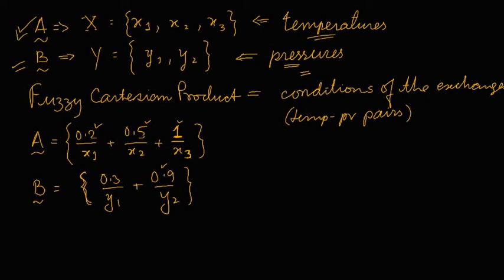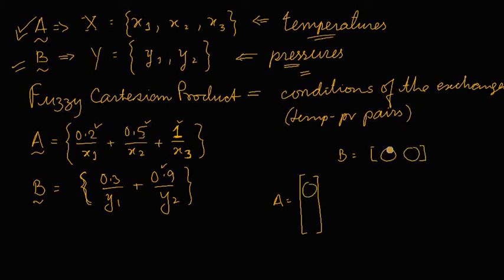Now the fuzzy set A can be represented as a column vector of size 3 cross 1, and B can be represented as a row vector of 1 cross 2.